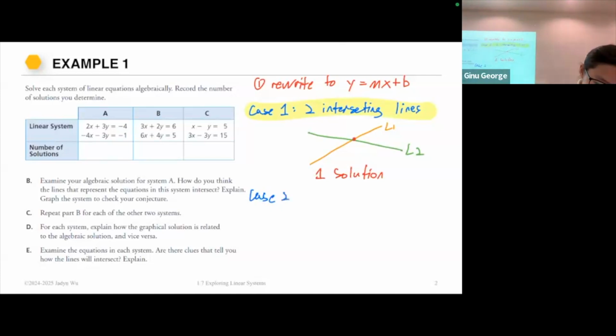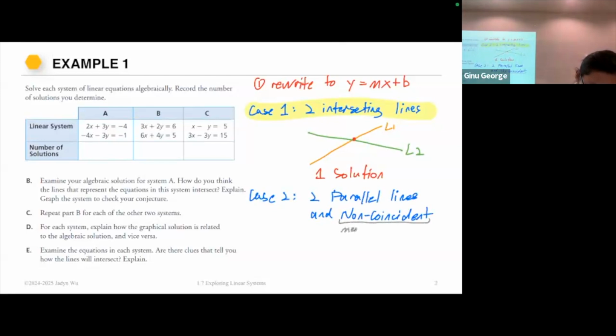Case 2 will be 2 parallel lines. And for 2 parallel lines, they are non-coincident. By coincident, it basically means that they will be the same.